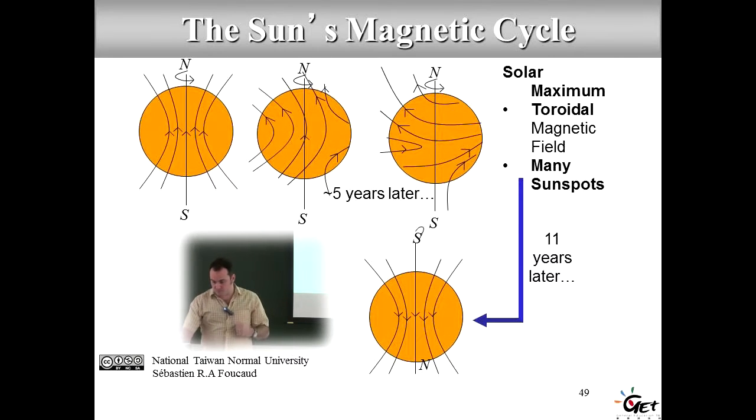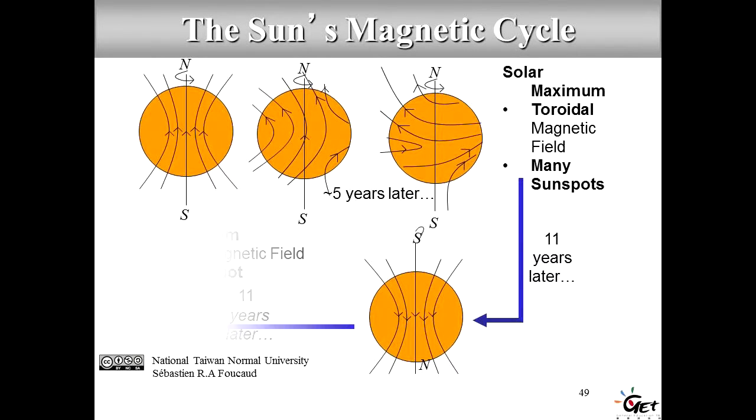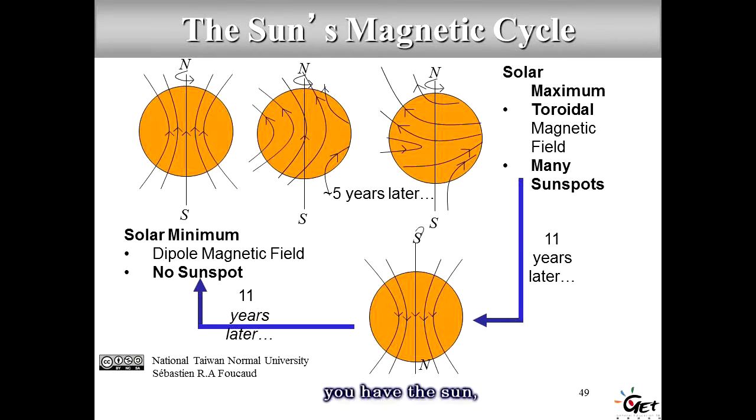Okay? Once again, at the start, you have the Sun with its very nice magnetic dipole, north and south. But due to the differential rotation, the fact that the equator is turning faster than the poles, your magnetic fields start to be distorted. And then eventually, they get so messed up that they break down at some places, creating pairs of sunspots.